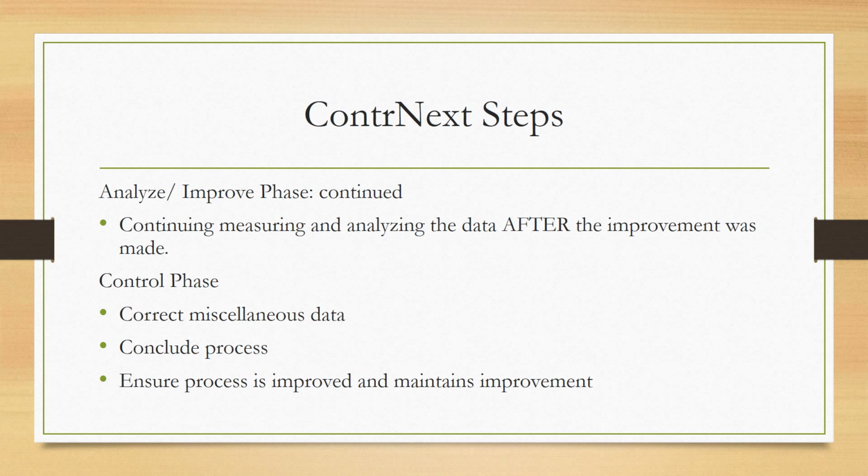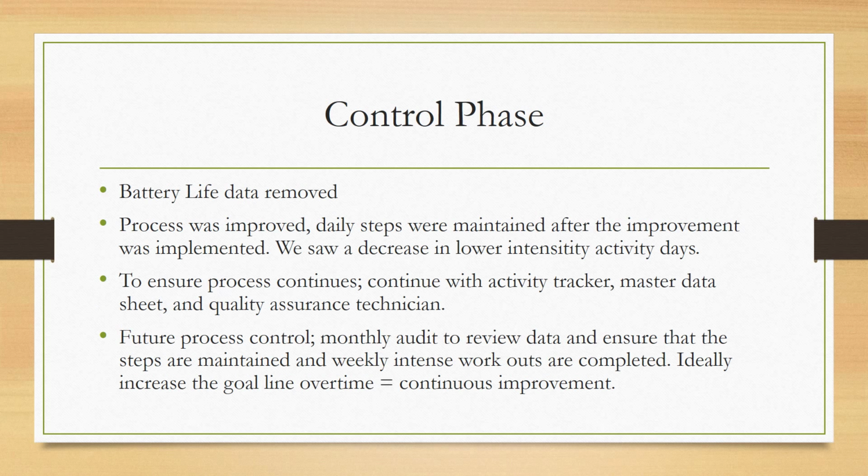And then the control phase was to exclude any miscellaneous data, so we excluded that point where the battery died, and then conclude and wrap up the process and ensure that these improvements are maintained and actually working. So that was where we left off at the end of the analyze and improve phase, and then we wanted to go to the control phase to wrap up the DMAIC process.